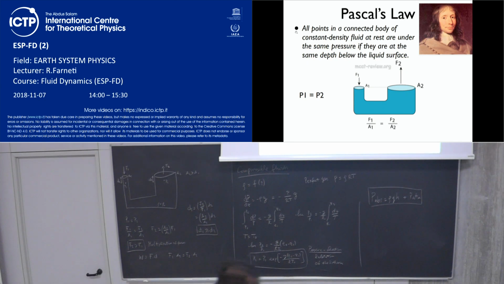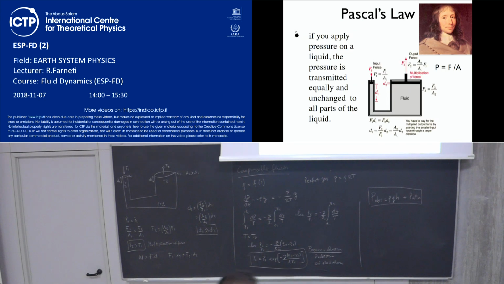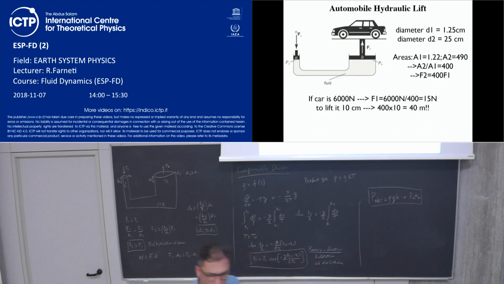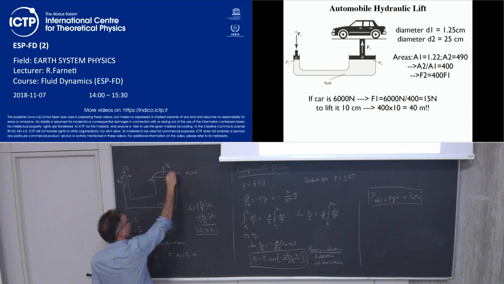What does that mean? Take an everyday example, which is what I've written here, the hydraulic lift. This is an engineering example of applying Pascal's law. So whenever you go to your mechanic to change your tires, the mechanic is using Pascal's law. Because you're putting the car somewhere on a plate, which is A2.